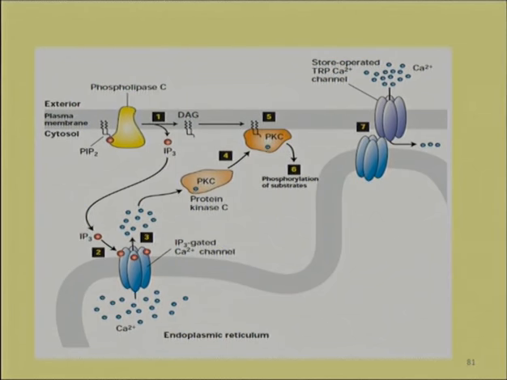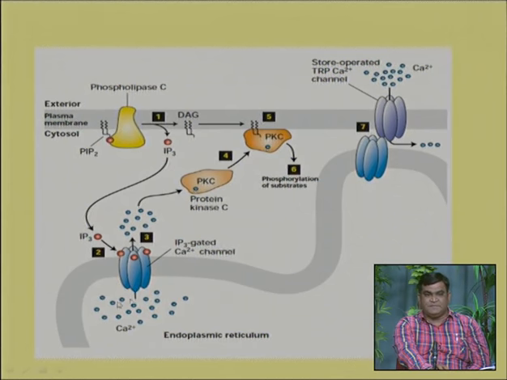Questions on calcium and calcium related issues can be understood from this particular diagram. Here we can see a receptor, phospholipase C, whose activation will result in the production of IP3. This IP3 can bind to these receptors, which are called IP3 gated calcium ion channels. Sometimes they are also called ryanodine receptors.